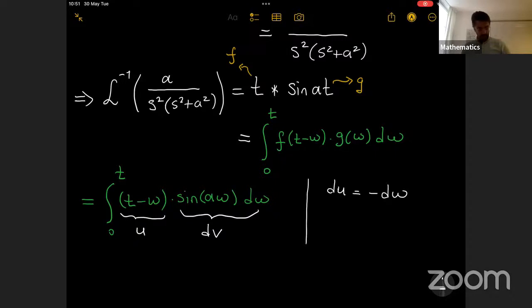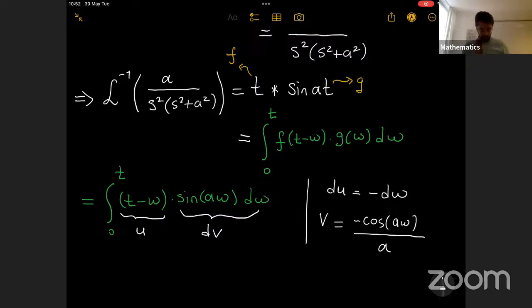Okay, and v is what? V is the integral here with respect to w, so it is minus cosine a w over a.